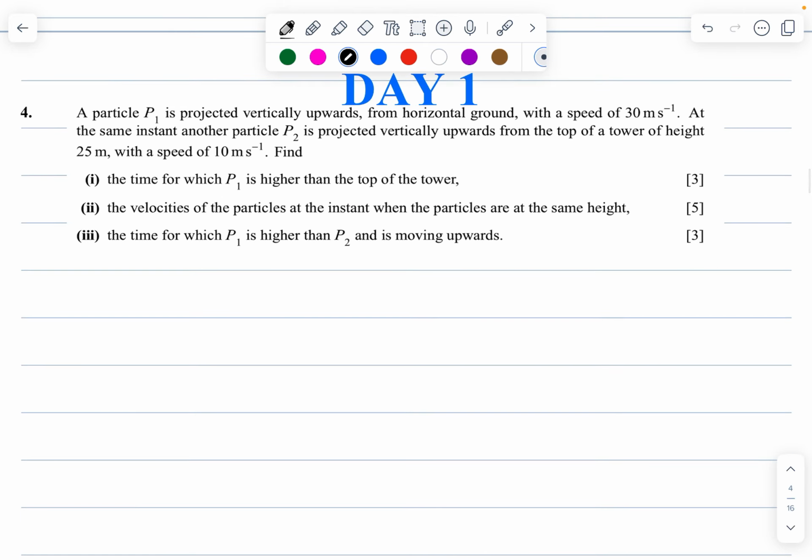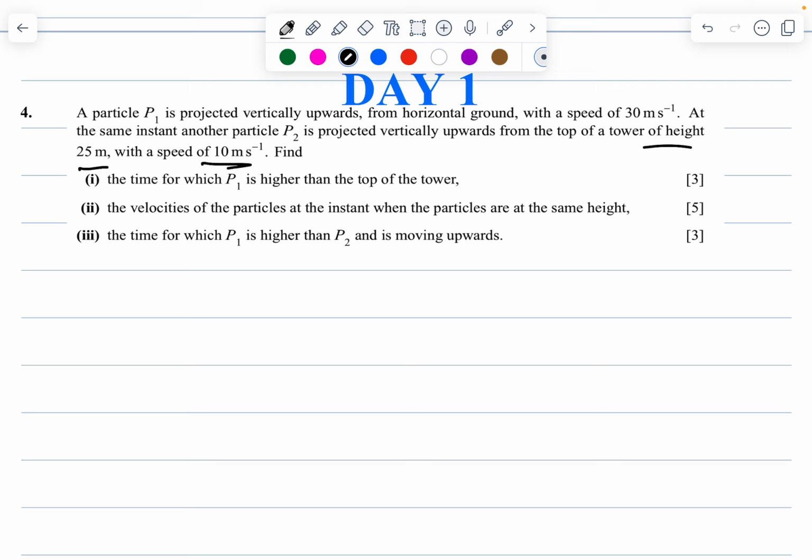Now coming to question number 4. The particle P1 is projected vertically upwards from a horizontal ground with a speed of 30 meters per second, and at the same instant another particle P2 is projected vertically upwards from the top of a tower of height 25 meters with a speed of 10 meters per second.